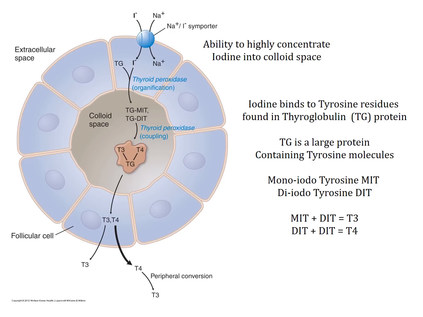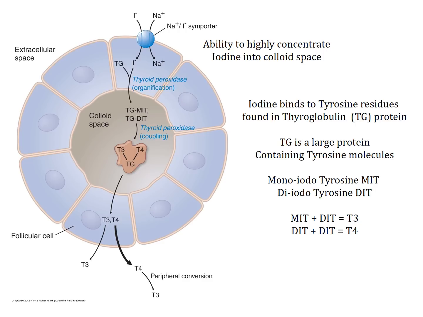So to summarize, in the thyroid gland we have colloid. Inside that gel is a big protein called thyroglobulin. On the thyroglobulin are tyrosine molecules. The target for iodine going to the thyroid gland is to get that iodine onto the tyrosine molecules.